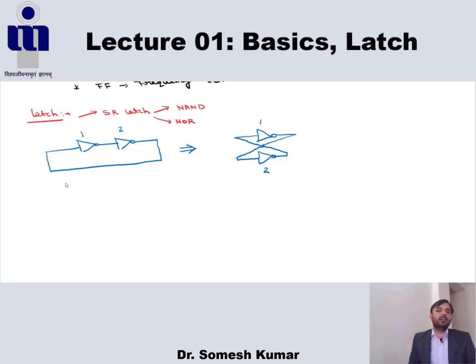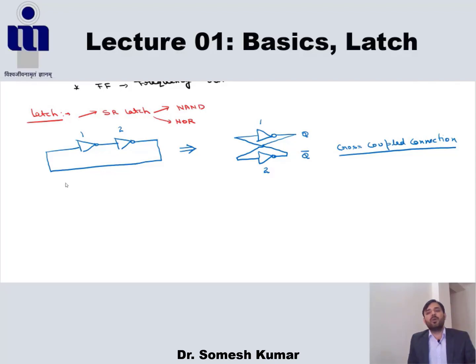This is called Q, and this is Q bar. This connection is called the cross coupled connection. Why are we studying this cross coupled connection? Because this cross coupled connection is used in our latch and the flip-flop.